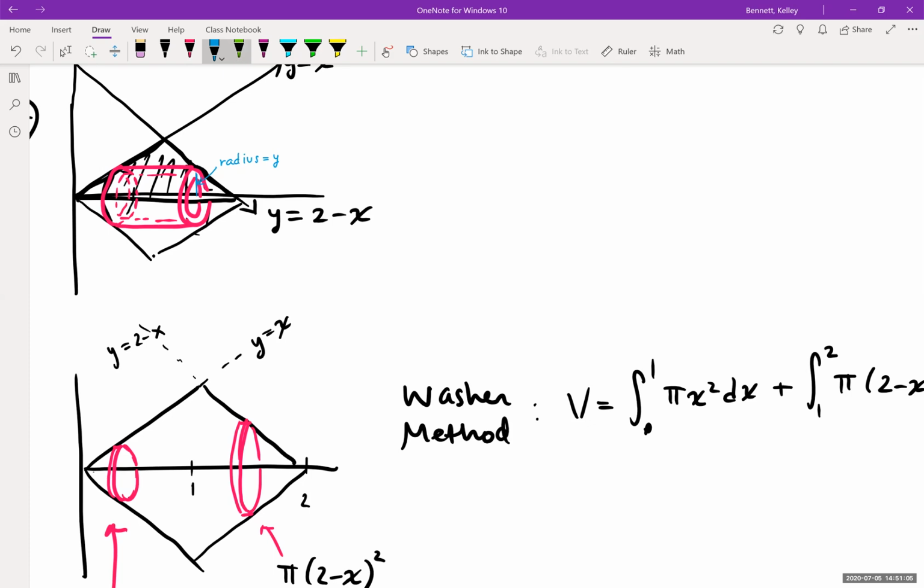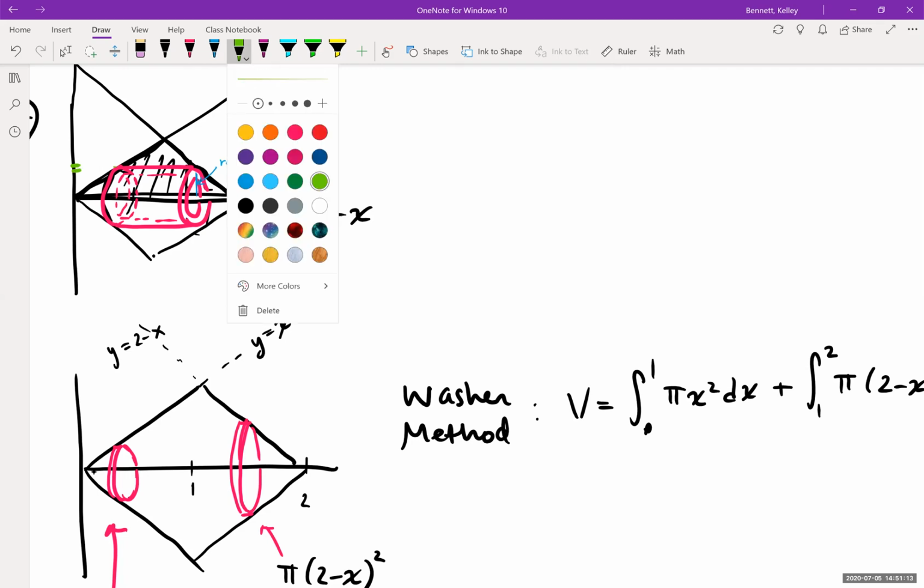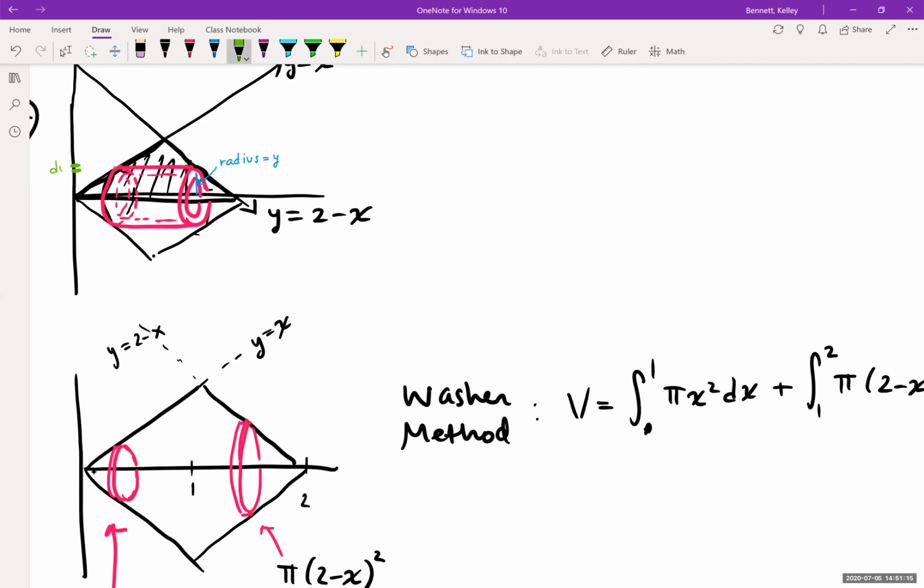And the little tiny distance here, that's going to be our width. This is just dy. And then you have the length.